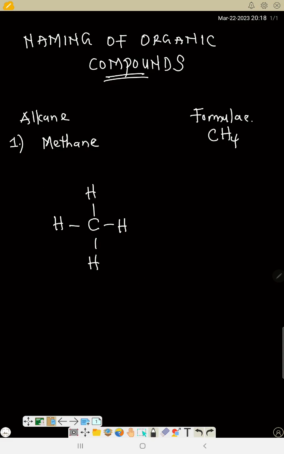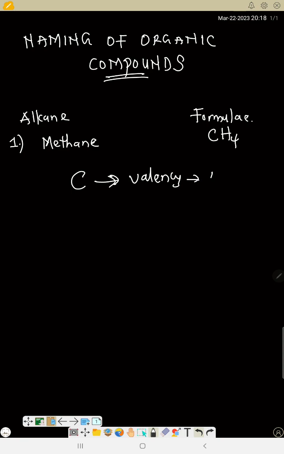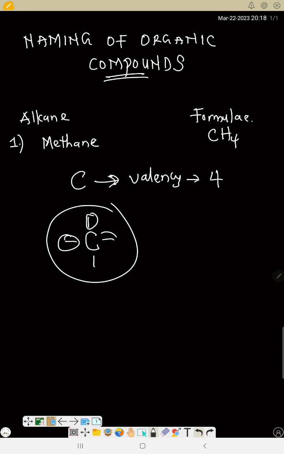So now let me talk about the bond so that you will know how I use that bond. Remember, carbon has a valency of 4. Because it belongs to group 4, we have done valency. So if you have carbon like this, then it must have 4 bonds, as in round it. So carbon must have 4 single bonds.